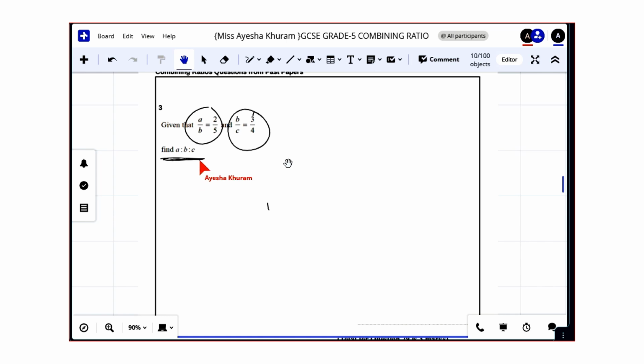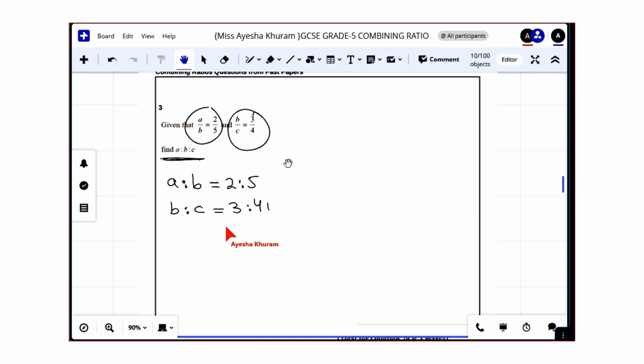Okay, let's do it. A to B is equal to 2 to 5. They mention it in fraction form, but I'm gonna write it in ratio form. This is an easier way to do it. And then B to C is gonna be 3 to 4.